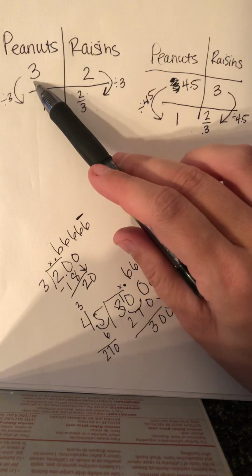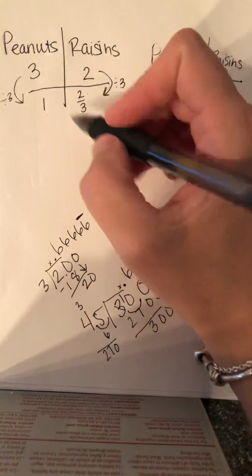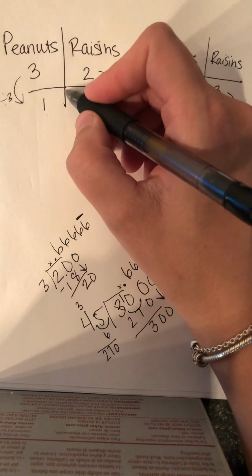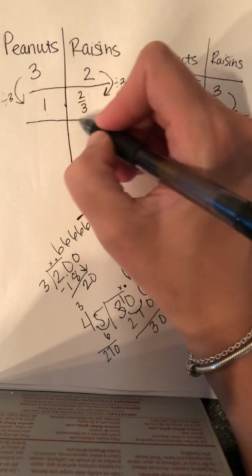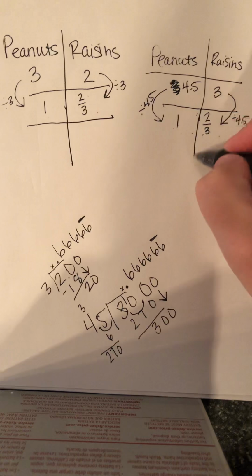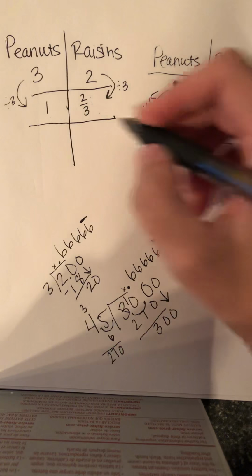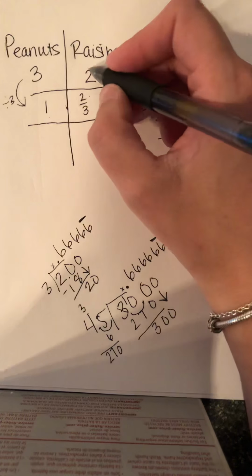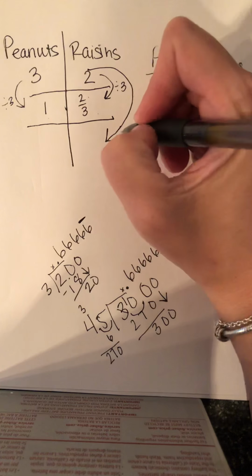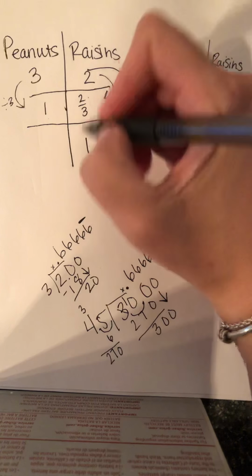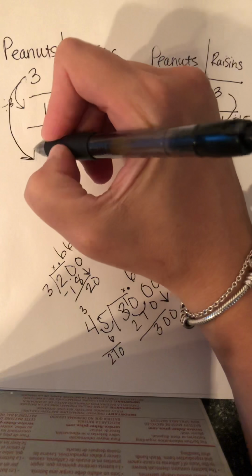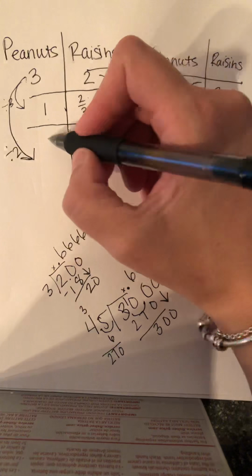So if I were to do it the other way, okay, and get my constant of proportionality on the other side, I would have divided by 2, gets me 1. I would have divided by 2, gets me 3/2.